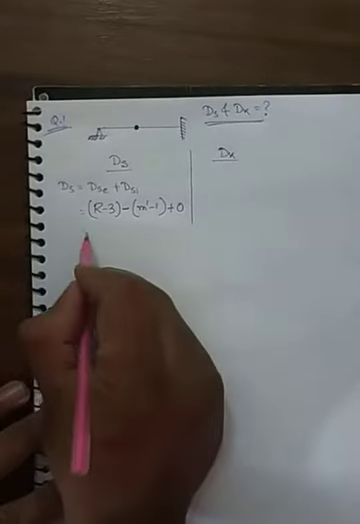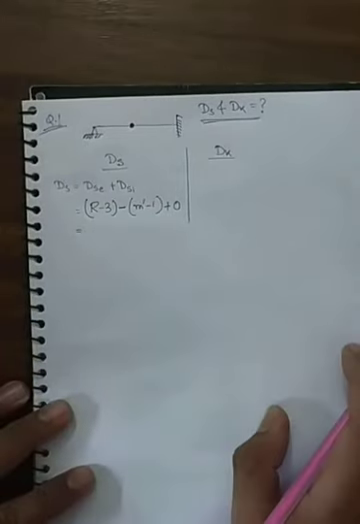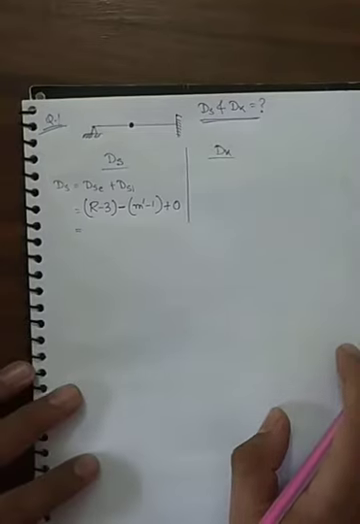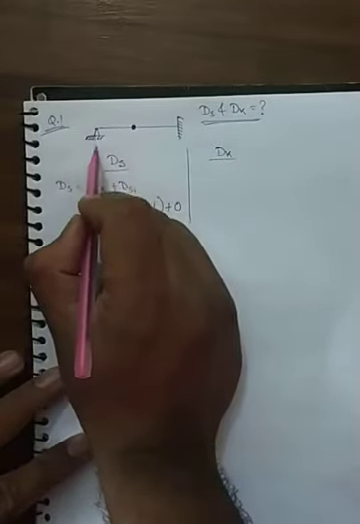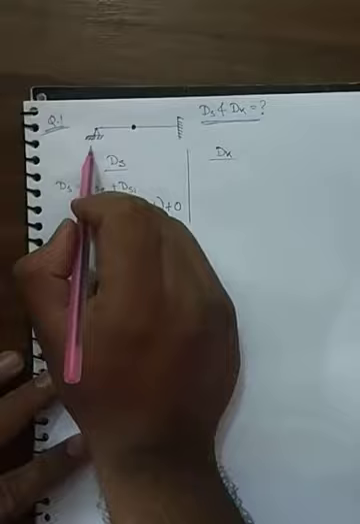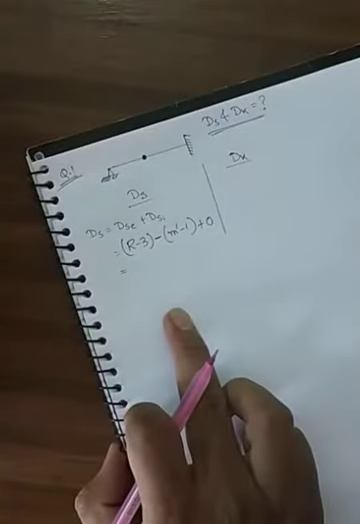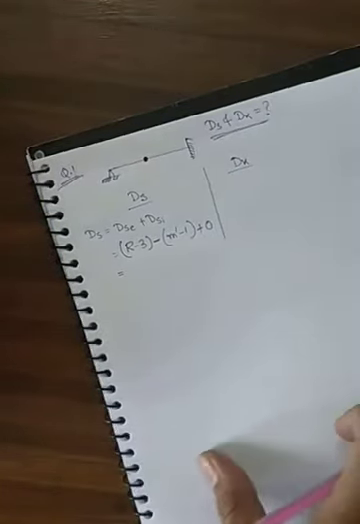Now just put these values of r and m dash. You can clearly solve this ds value. What is your r value? R is nothing but the number of unknown reaction components.